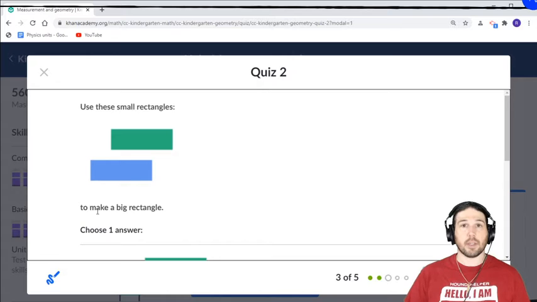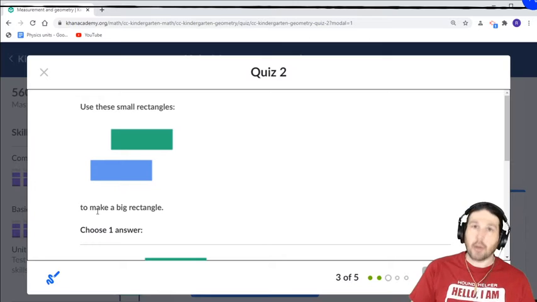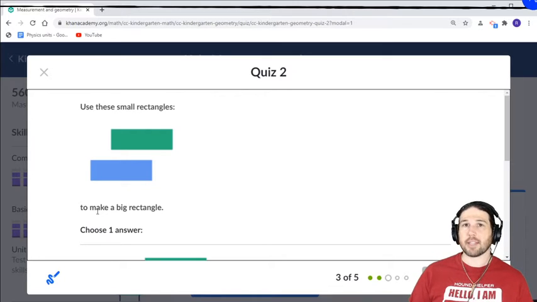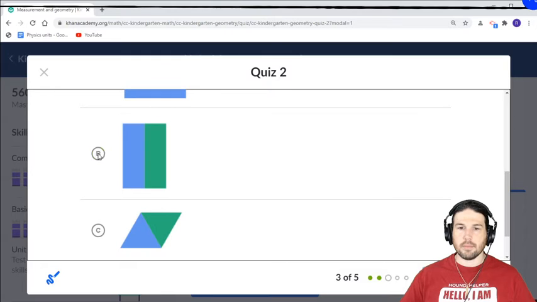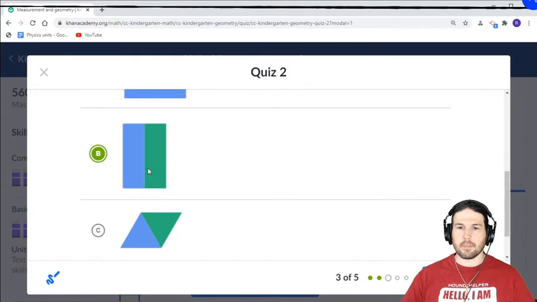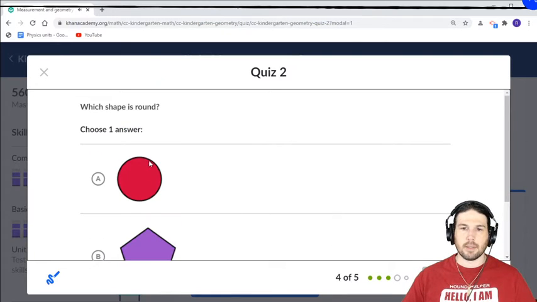So if I was to present a square to a kindergartner and say, is this a rectangle? And they said no, I would be 100% okay with that answer because it's a square. There's plenty of time for nuance later on down the line. And it does look like that when we put them together, it does not make a square, so the point is moot anyway.